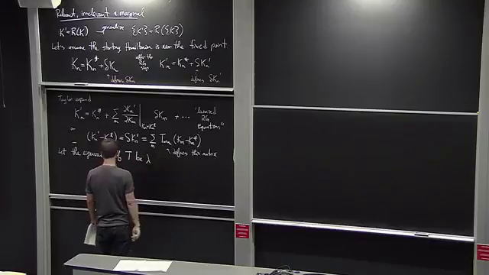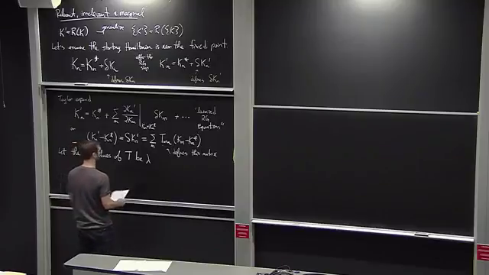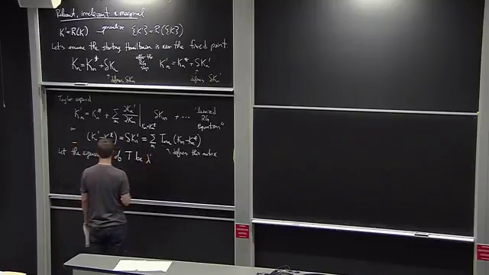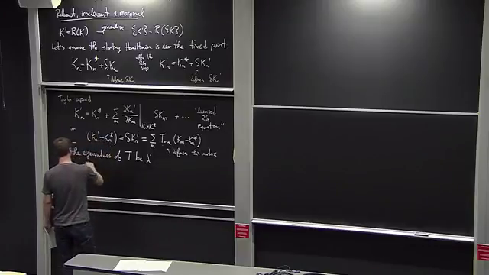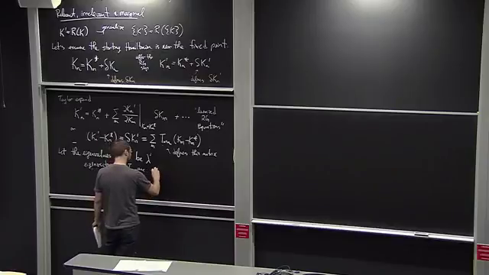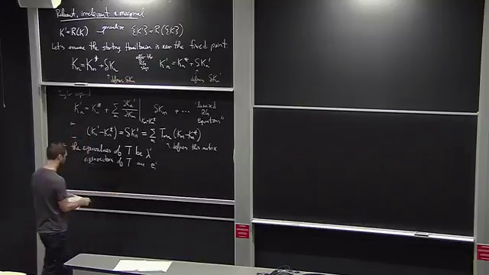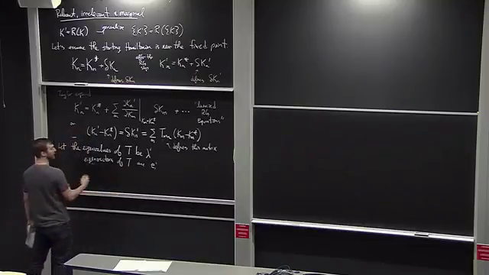Let me label them with a subscript or a superscript. Well, my M's are already subscripts, so I'll use a superscript here. So lambda is the eigenvalues and I'll call them, I guess, the eigenvector.